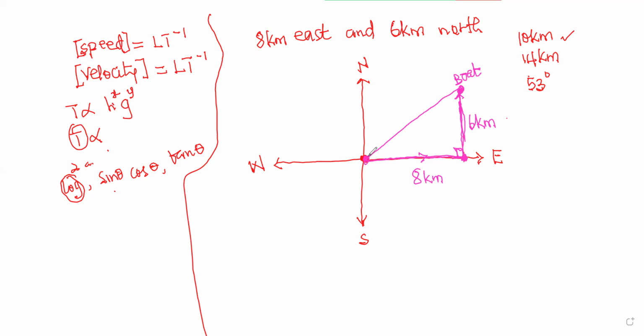To find this straight line, we need to use Pythagoras theorem because it creates a right angle triangle. Class, I hope we are all following. Yes, please. So let's indicate the origin as O.